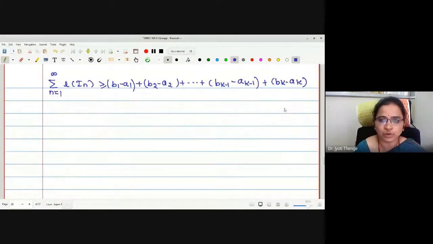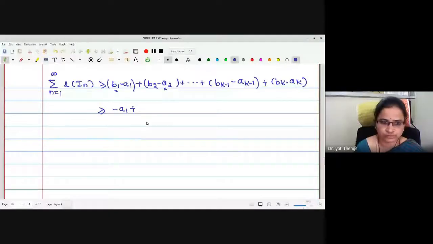Now, I am going to rearrange the terms on the right hand side as B1 and A2. Therefore, what the pairing gives me? B1 minus A2. Okay. What about the next pairing? B2 with, what will be the next pairing?